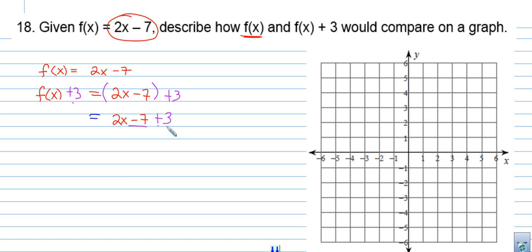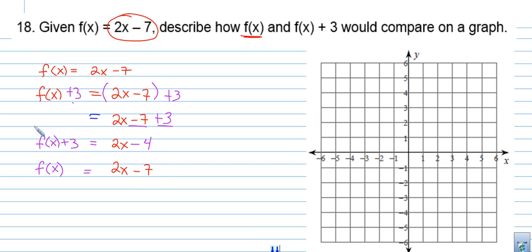Well, now you simplify, and so you get 2x, and negative 7 plus 3 is negative 4. Okay? So that's what f of x plus 3 equals. And so I'm just going to rewrite f of x right below it so that we can see what it looks like.